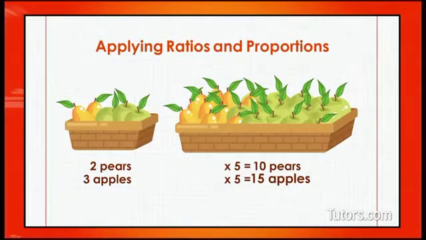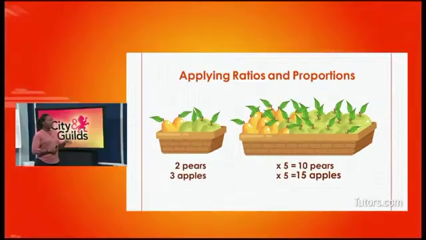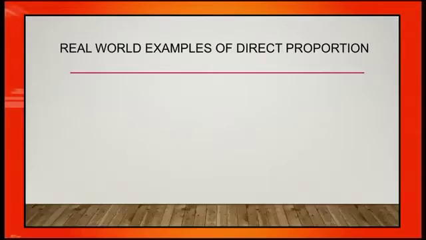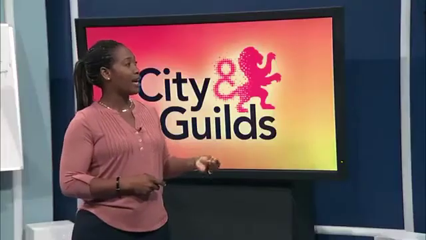Exactly, it is direct proportion because both quantities within the ratio have increased. The pears increased 5 times, and the apples are also 5 times more. Okay, good. So that's just a way in which we apply ratio in real life situations.